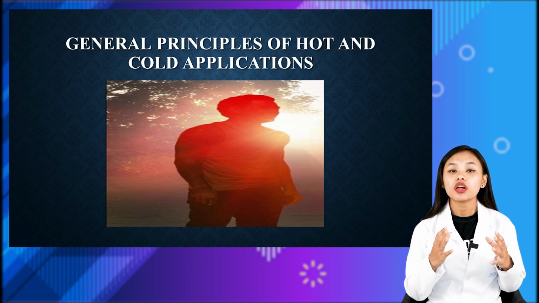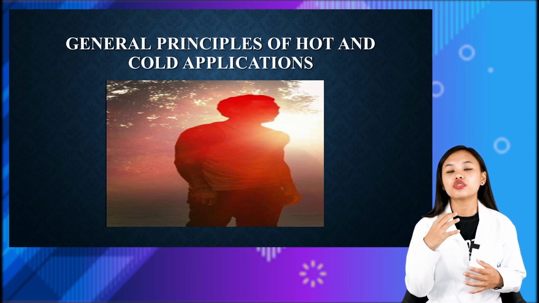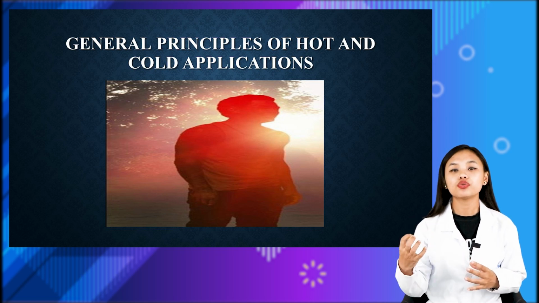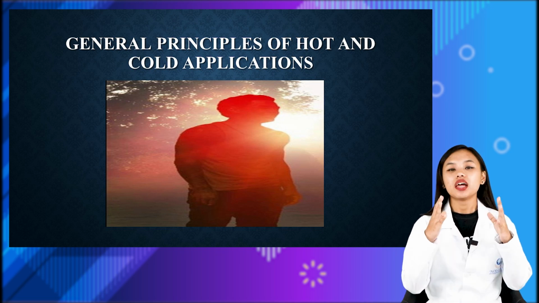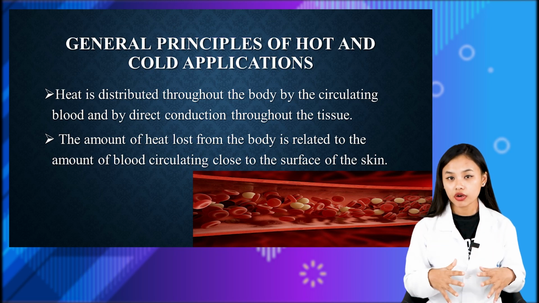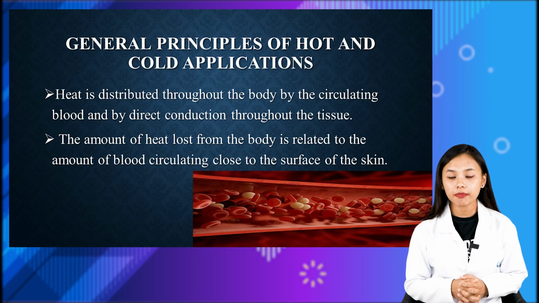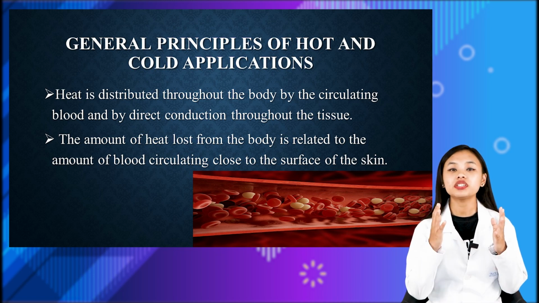As we know, heat is always passed from the hotter area to the cooler area. This heat is distributed throughout the body either by the circulating blood or by direct conduction throughout the tissue.